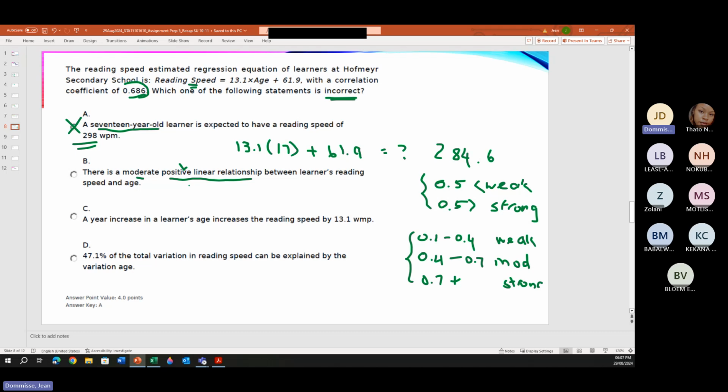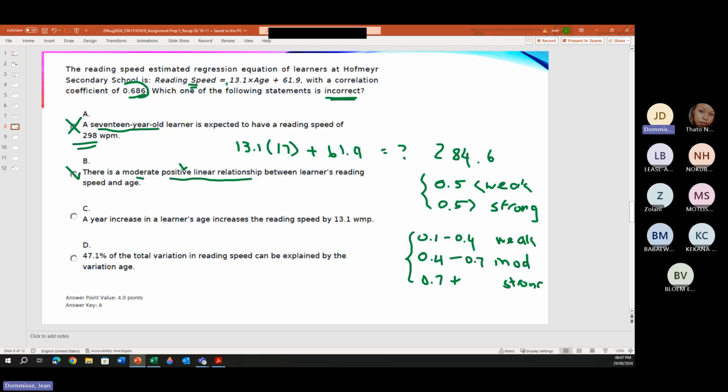So there might be an option that says it is a negative linear relationship, and you need to pick that one as the incorrect one. Then option C, a year increase in a learner's age increases the reading speed by 13.1.